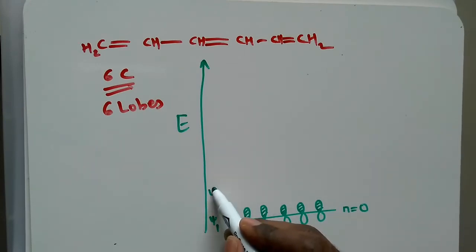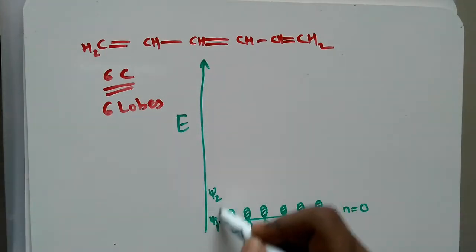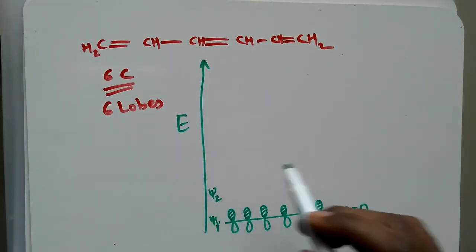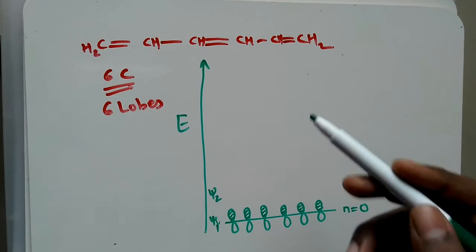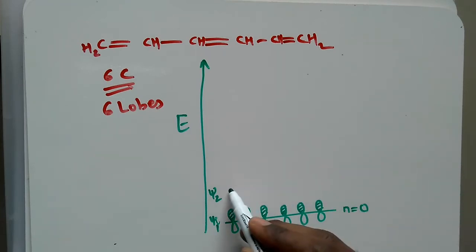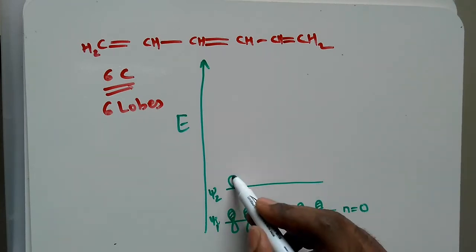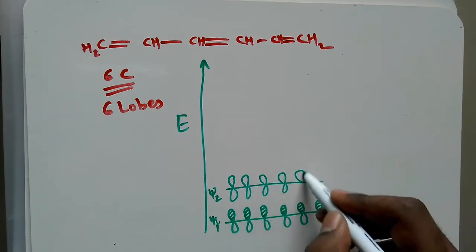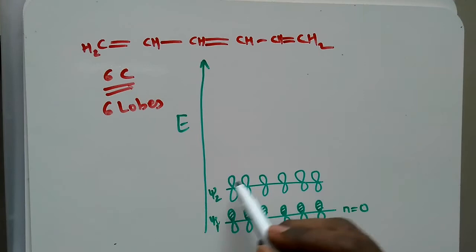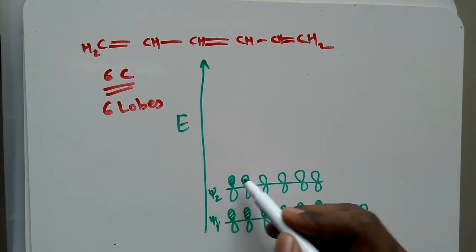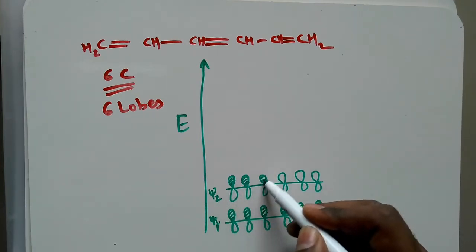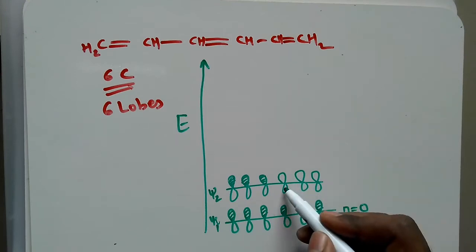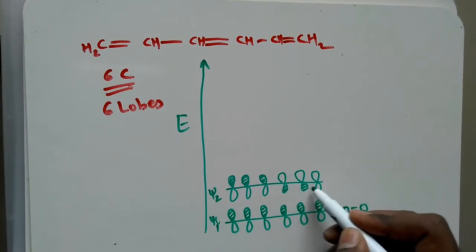Now, when you consider psi2, there are 6 carbon atoms, and lobes also 6. In psi2, what will happen? We'll draw 1, 2, 3, 4, 5 and 6. The first 3 have the positive phase on the same side, and the other 3 are on the opposite side.